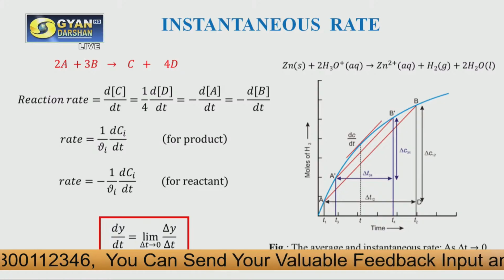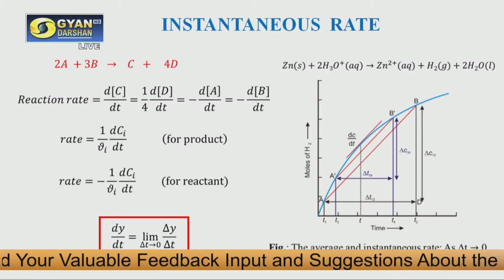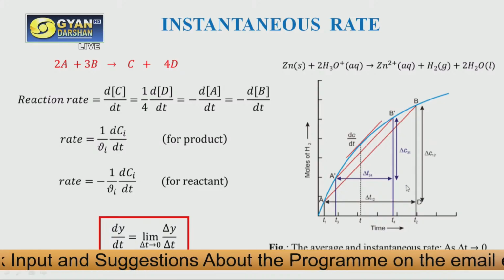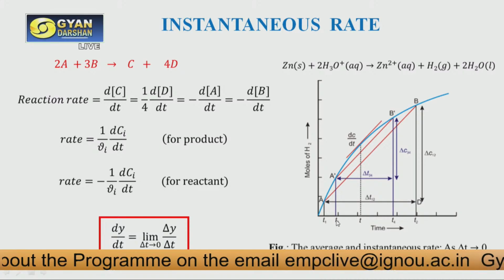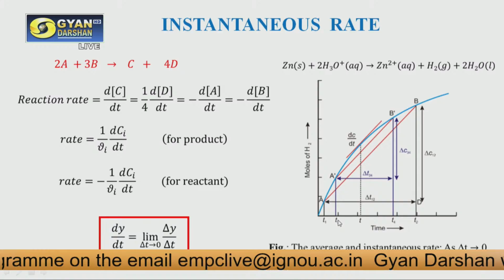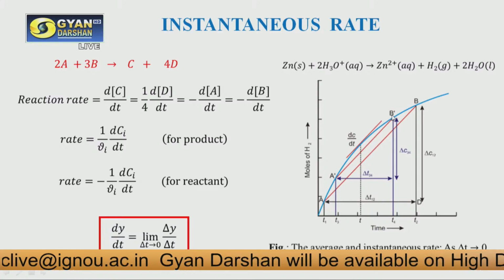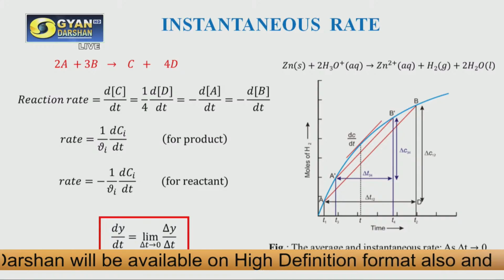What happens if we decrease the time? Again we monitor the concentration of the product at time t3 and at time t4. The time gap should be small. So the concentration at time t3 is A prime and at t4 is B prime. Then the average rate is B prime minus A prime divided by t4 minus t3.